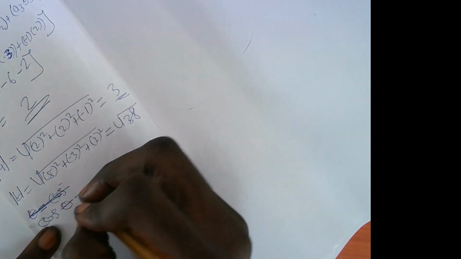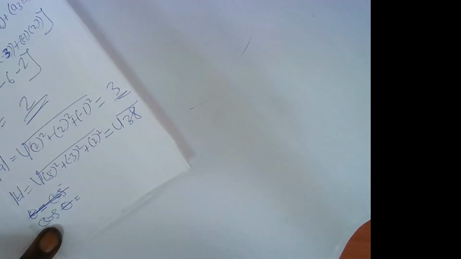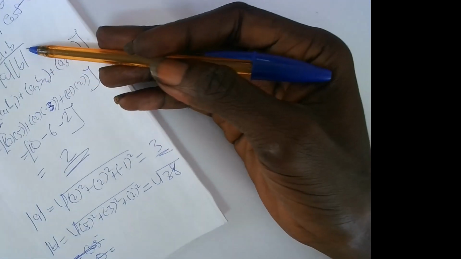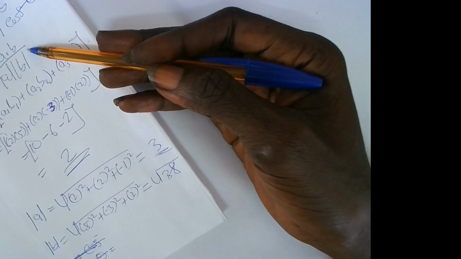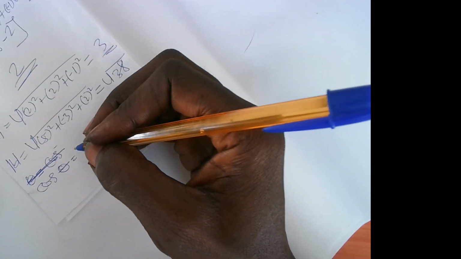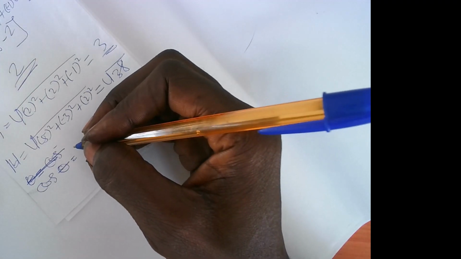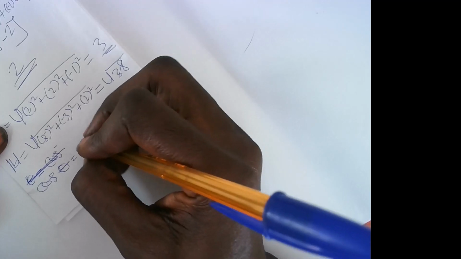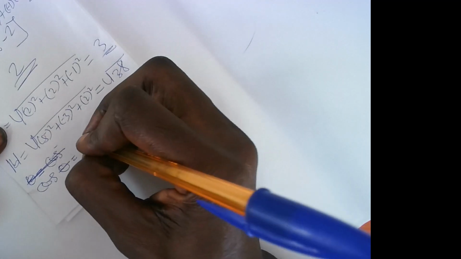Now let's put these into our formula. We have cos theta equals A dot B over the magnitude of A times the magnitude of B. Let me write the formula again.